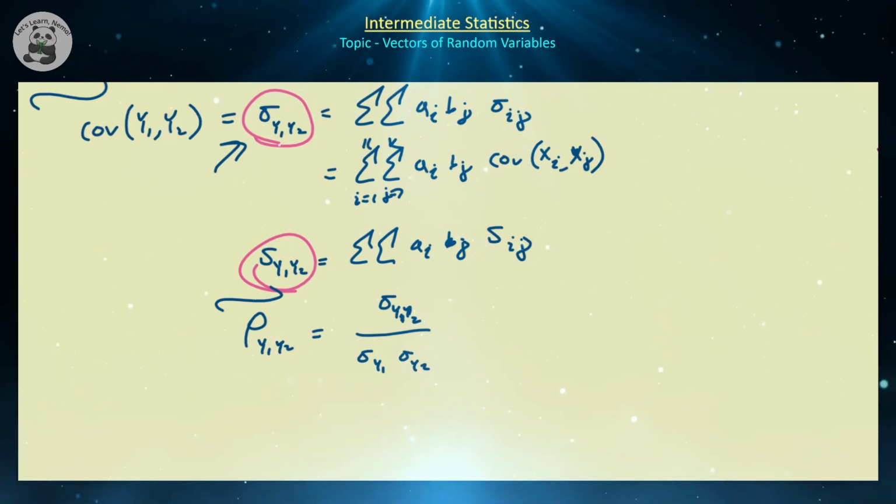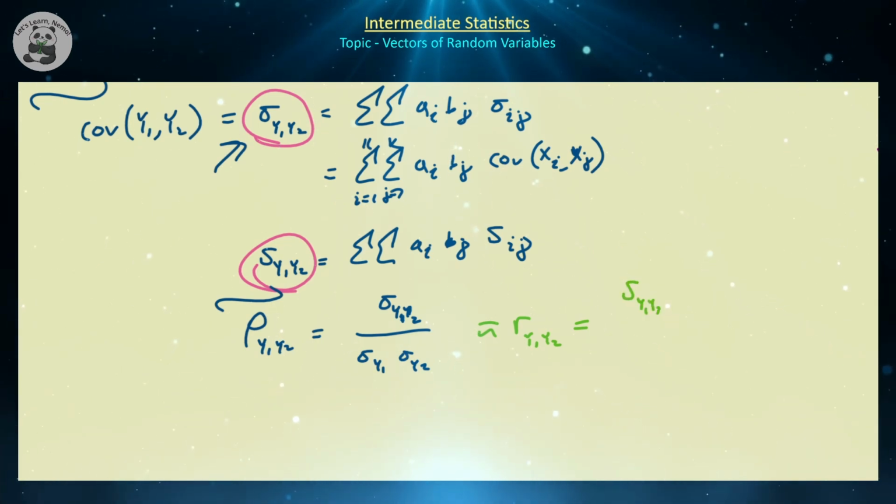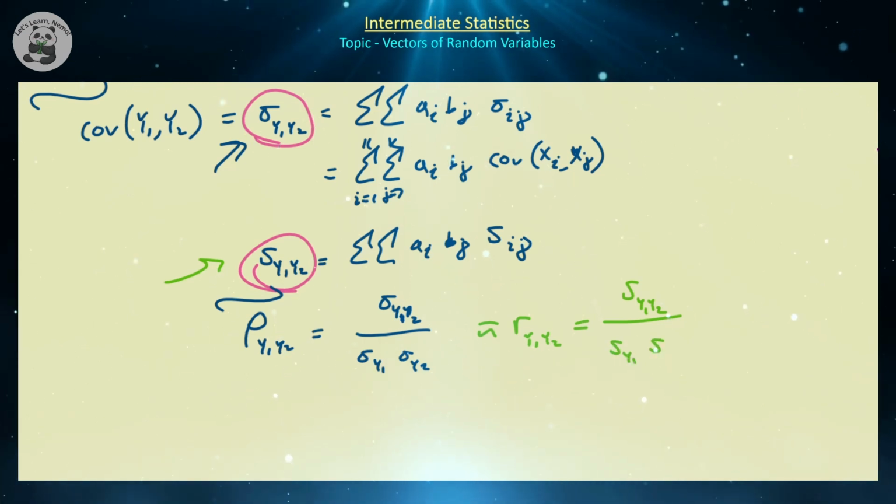And obviously this is going to be approximated by what we will abbreviate as r y1, y2, which will be equal to, again, s y1, y2, which is defined here, divided by s y1 and s y2, which are the sample standard deviations of the linear combination variables, which obviously have within them the variances and standard deviations of the individual random variables x1 down to xk.